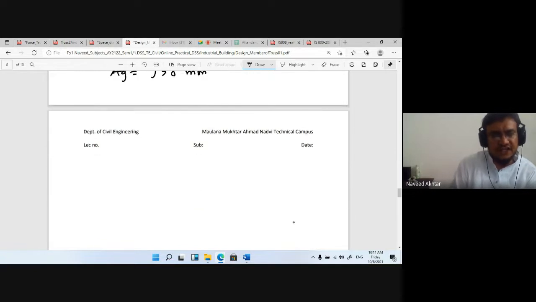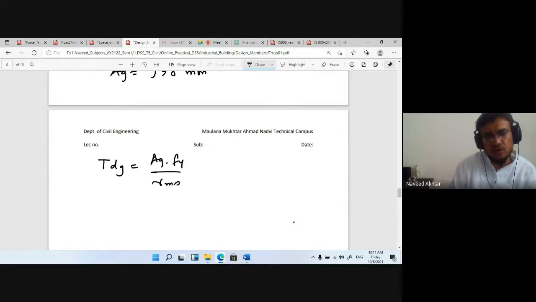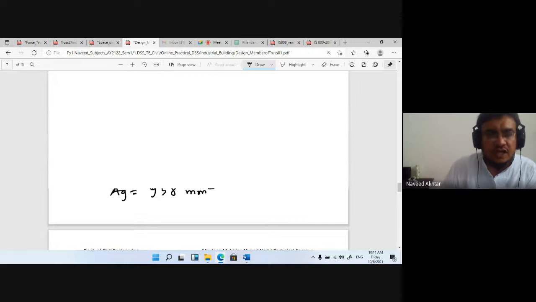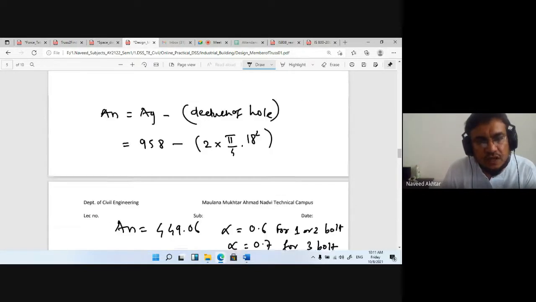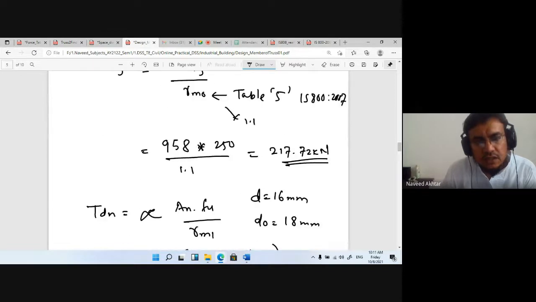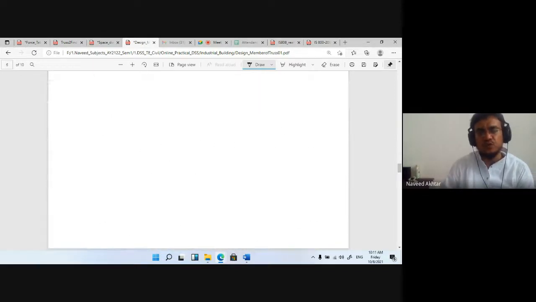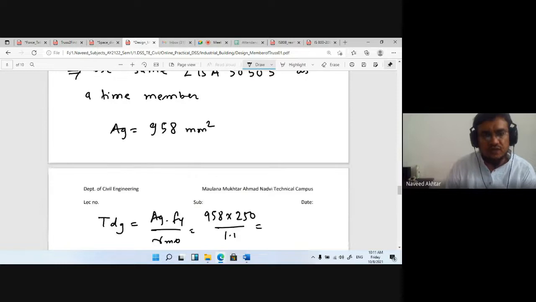TDG is equal to AG into Fy upon gamma M0, that is 958 into 250 divided by 1.1, already calculated above, and TDG is 217.72 kilonewton.